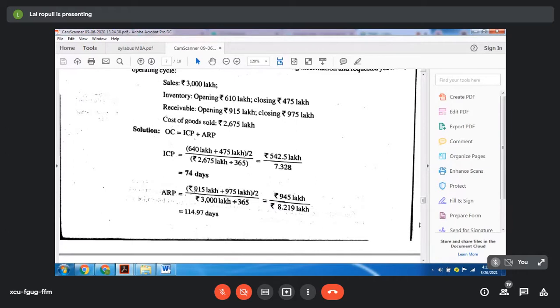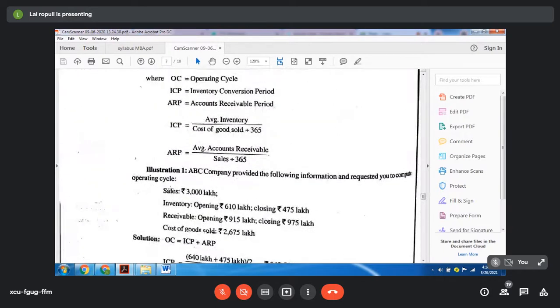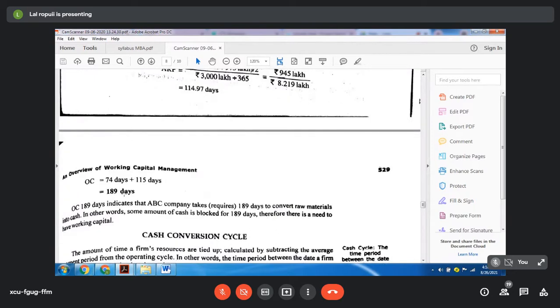We got 114.97 days. So we get an inventory conversion period of 74 days, and an accounts receivable period of almost 115 days. Altogether, the operating cycle for this ABC company is 189 days.